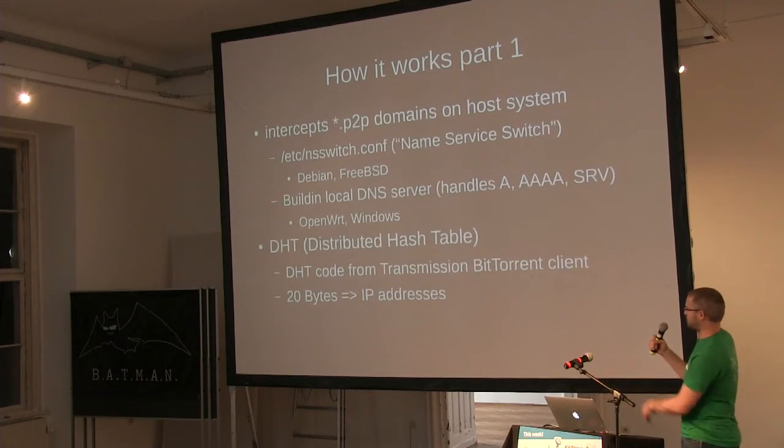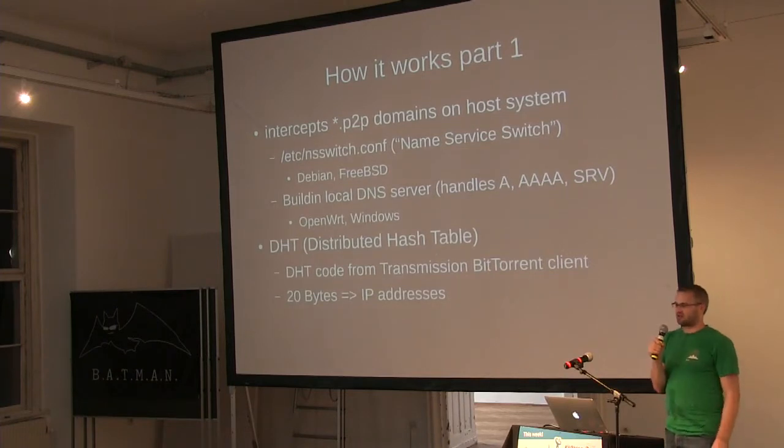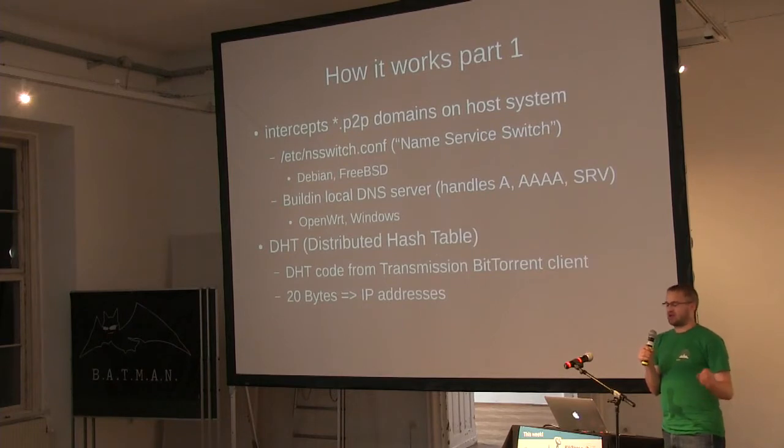There are packages for not only OpenWRT, but also Windows and Debian. For OpenWRT, it has a DNS server interface, and you can tell the default DNS server on OpenWRT that everything that ends with the top-level domain p2p is going to be resolved by this local service, which is basically a DNS server thing.